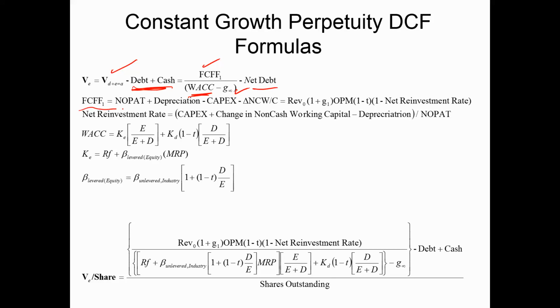I'm going to use my formula that the free cash flow is going to be equal to my NOPAT plus depreciation minus CapEx minus non-cash working capital, which I can then write a little bit more succinctly as my revenue times 1 plus the growth rate, times my after-tax profit margin, multiplied times 1 minus the net reinvestment rate.